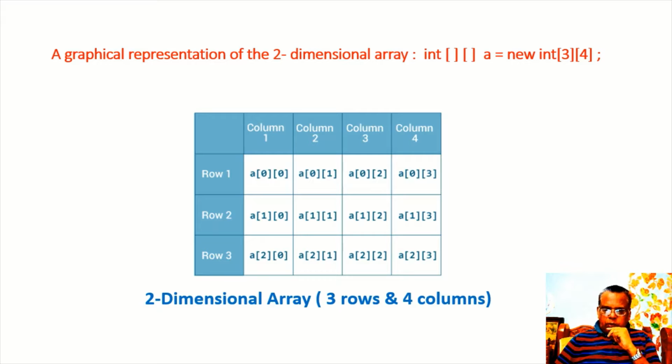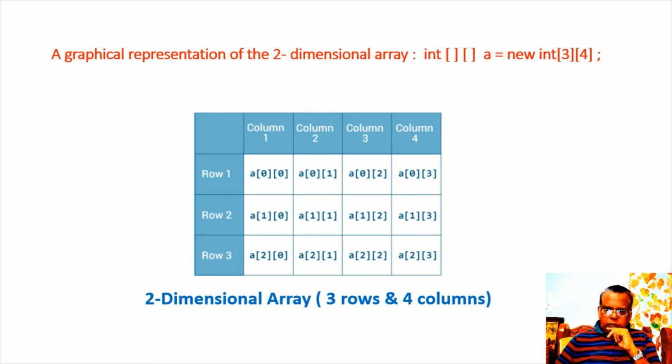See, row 1, row 2 and row 3. Similarly, column 1, column 2, column 3, column 4. So there are 4 columns and 3 rows.